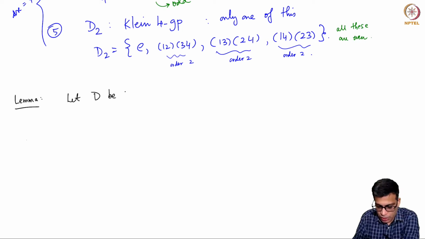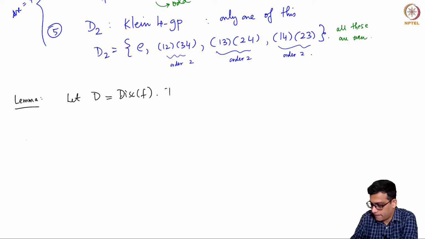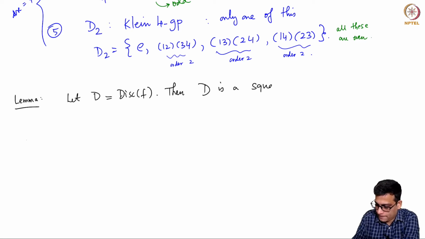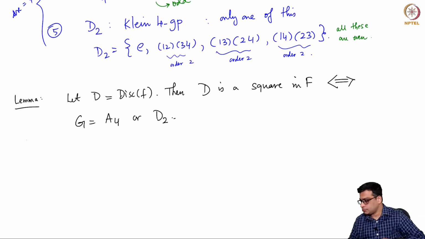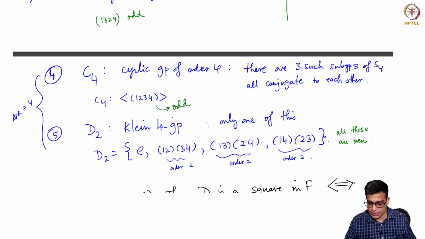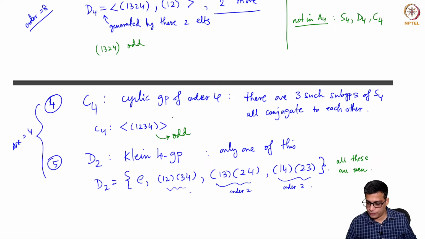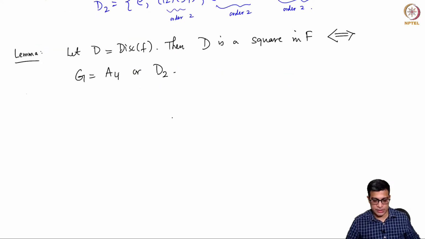Let D be the discriminant of F. Then D is a square in F if and only if G is A4 or D2. Correct? So those are the only 2 cases in which D is a square in F. So in all other cases D is not a square.